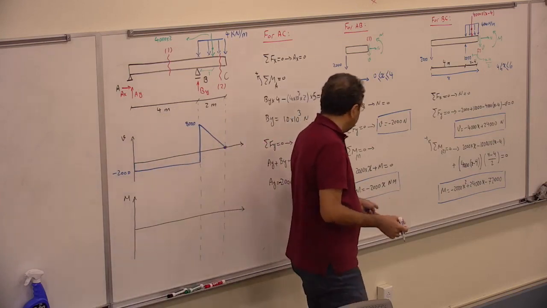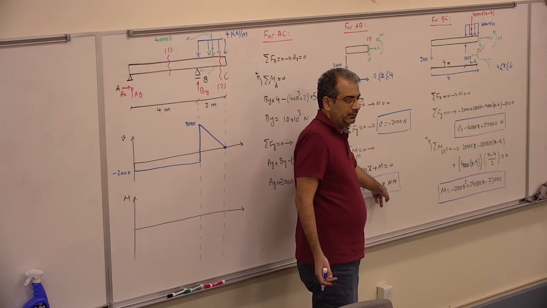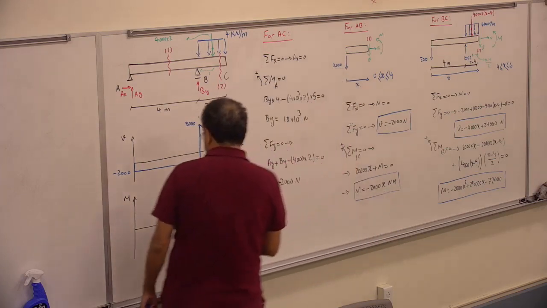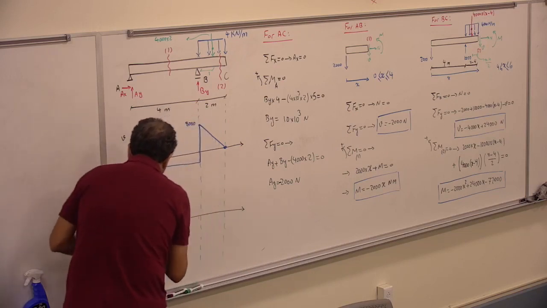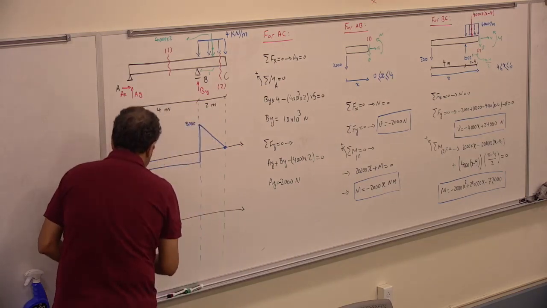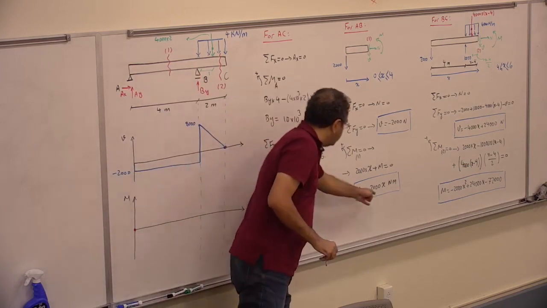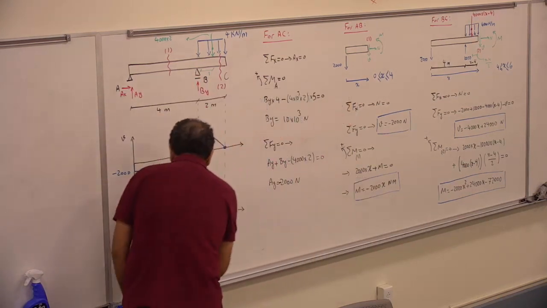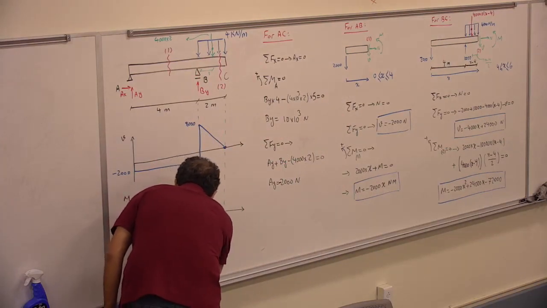So for the moment, if I put the x 0, would be 0 in this equation. So if I put it 0, it's going to be 0. If I put the x 4, it's going to be minus 8,000. And going down linearly.